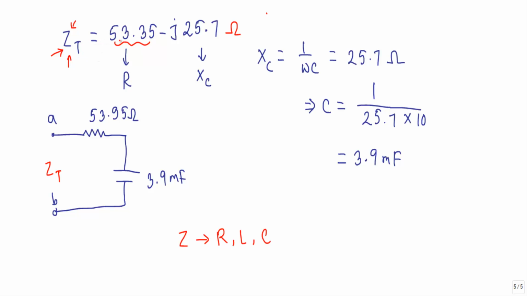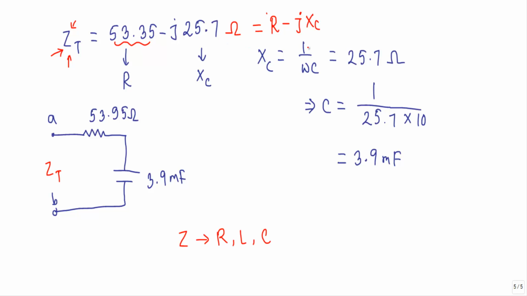See, here we have 53.35 minus J25.7 ohm, and if you remember the formula of impedance, I can compare this impedance equation with this formula, R minus JXC, where R will indicate the real part of this total impedance. That means R is the resistance of the equivalent impedance, and XC will represent the capacitive reactance of the total impedance, which is equal to 25.7 ohm.